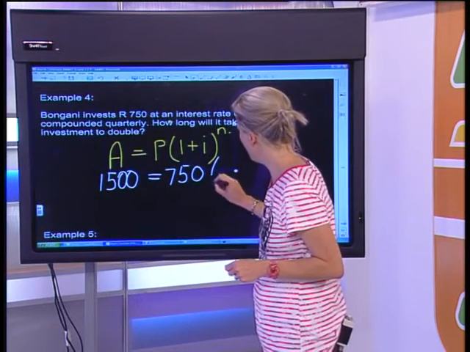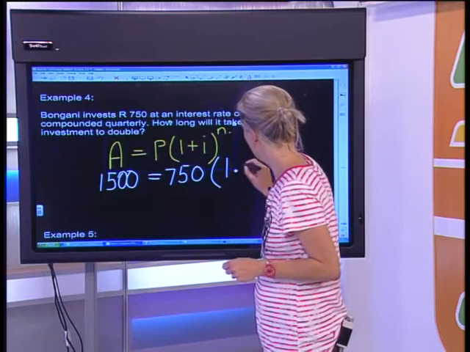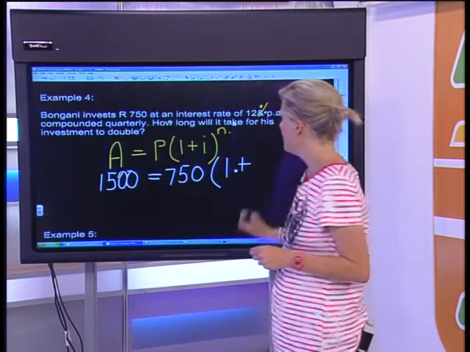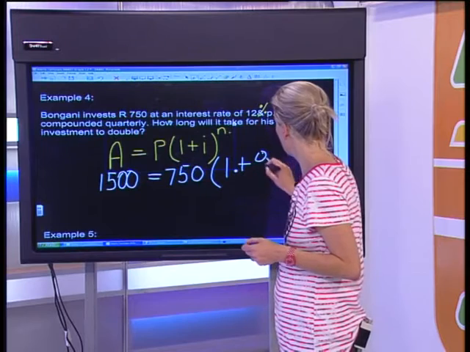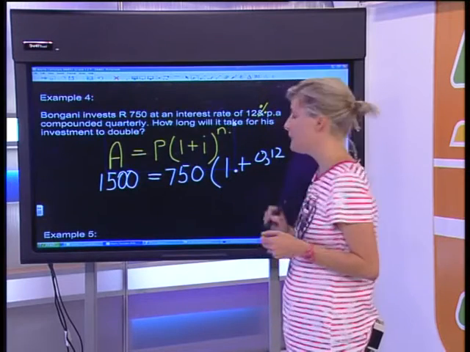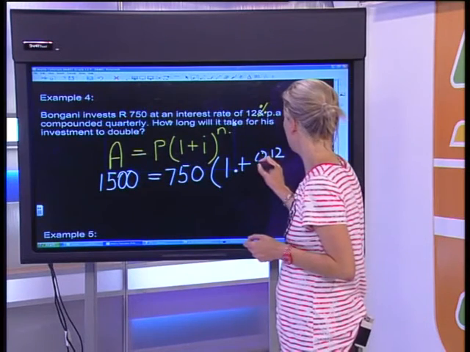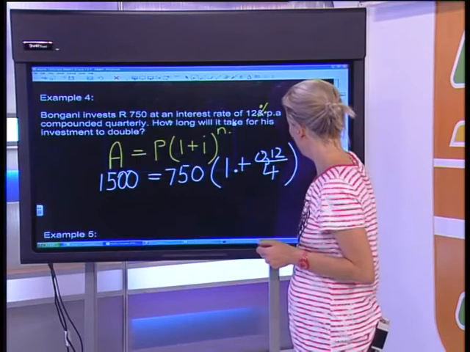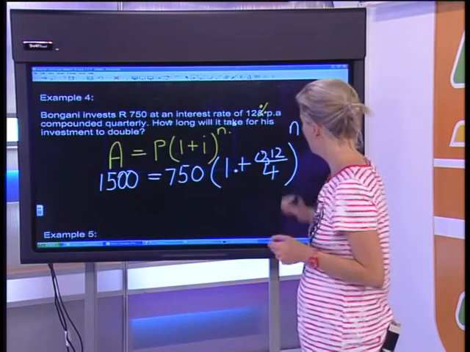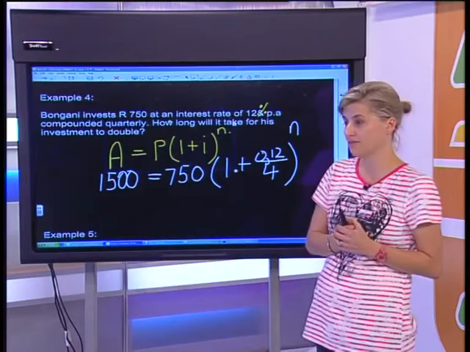Right, into my bracket, 1 plus, now my interest rate as a decimal, lots of 12s going on here, but it has to be divided by 4. Everything to the power n. Right.